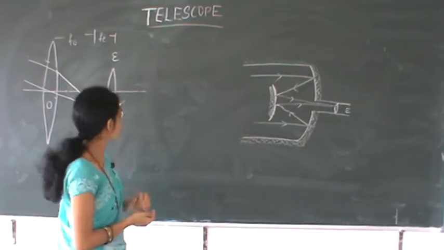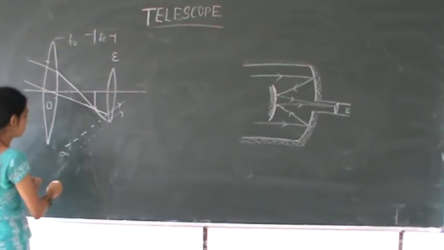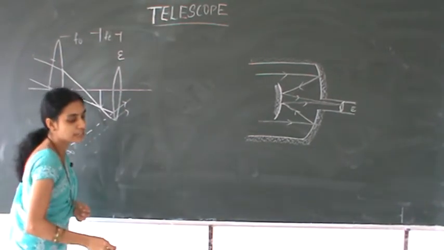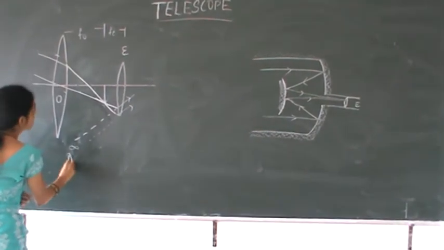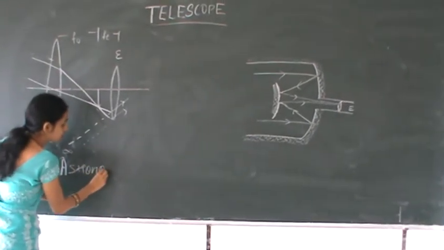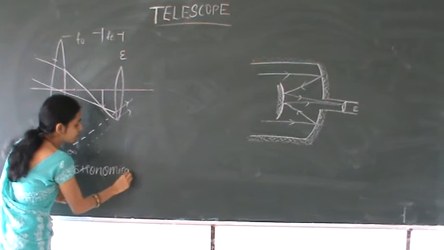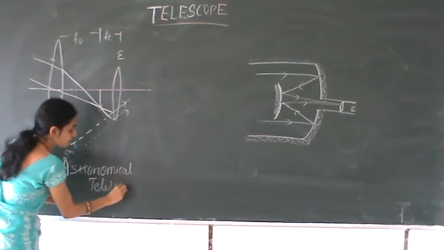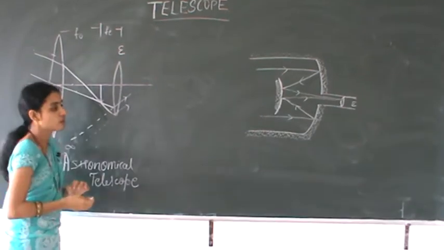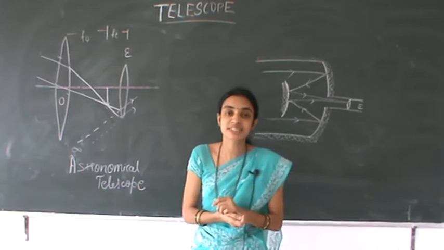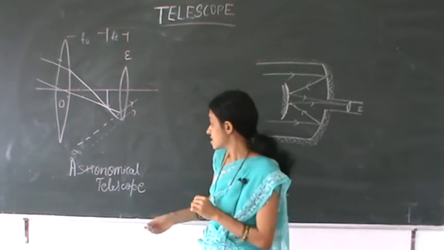This is the refracting telescope, the diagram which I have drawn here, the astronomical telescope. The astronomical telescope is used to see far objects such as stars and celestial objects.